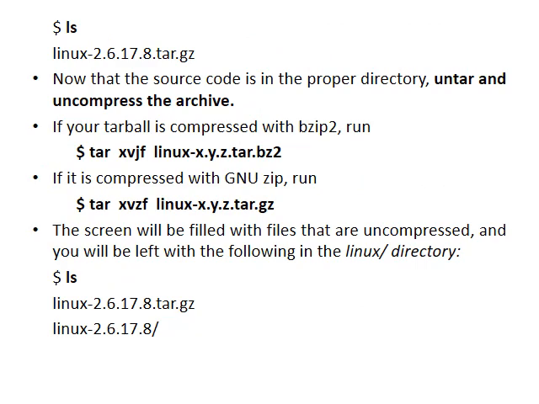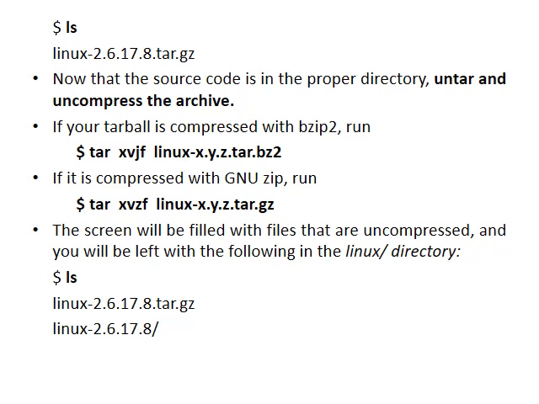For that, the command is tar. The xvjf are the options associated with uncompressing, and the name of the tarball is specified after that. The entire command is tar xvzf, and after that you have to specify the name of the tarball. It can be either bz2 or gz.